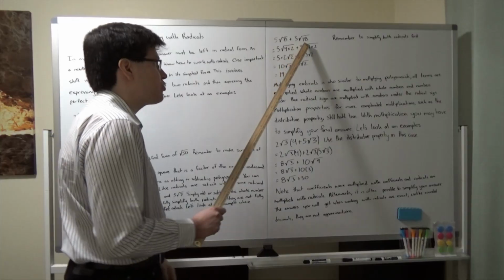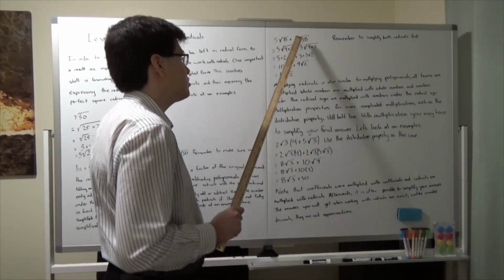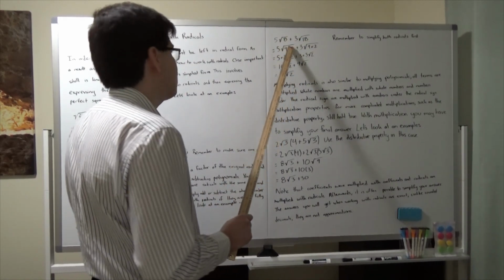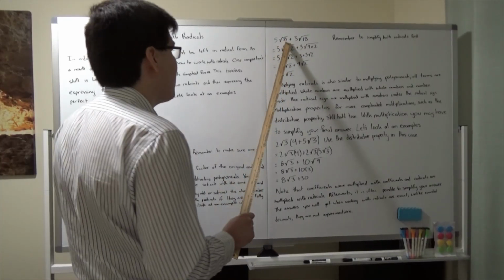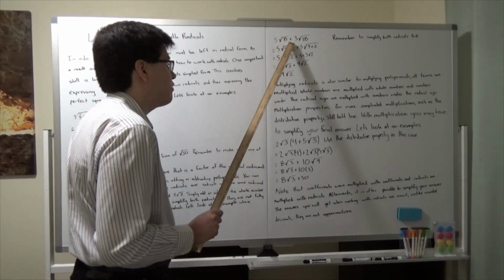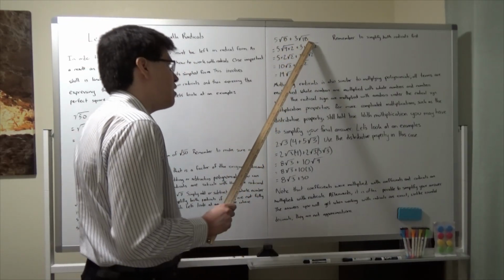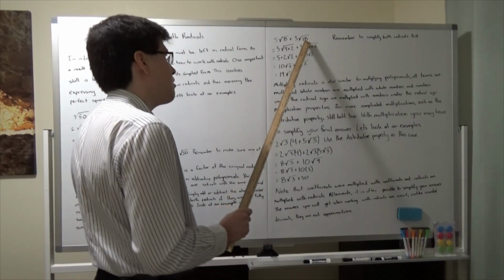Five root 8 plus 3 root 18. Remember to simplify both radicals first. So these radicals are not simplified. We can tell because there's a factor of this 8 that's a perfect square, and there's a factor of this number that's a perfect square.